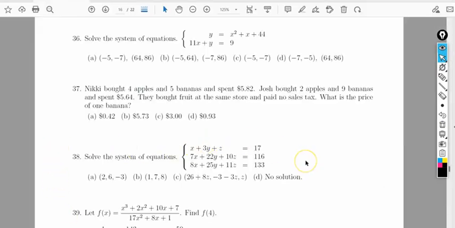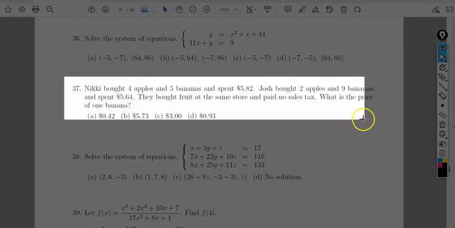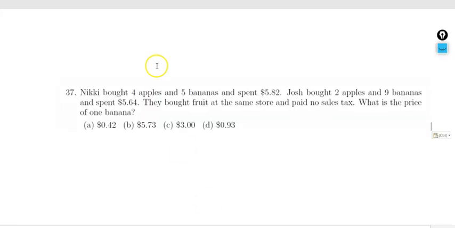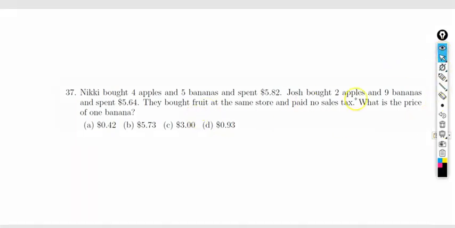All right, let's come to 37. This is going to be a linear equation, and you'll solve it with an augmented matrix. Okay, so we have apples and bananas, and they want to know the price of one banana. Some years they ask you what is the price of one apple.